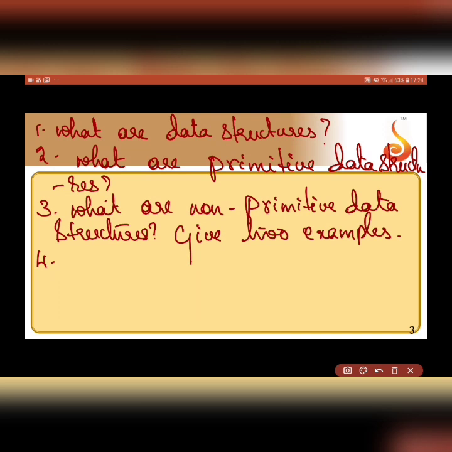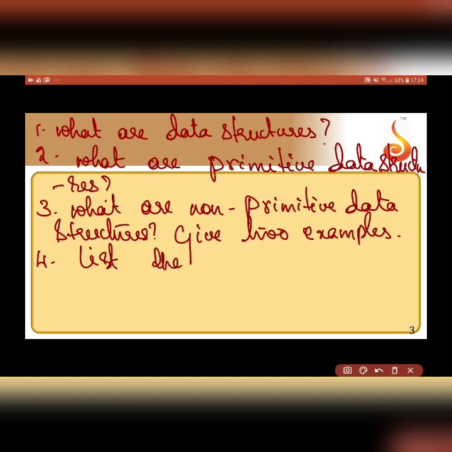Fourth question. What are the different operations performed on primitive data structures? Or I can say non-primitive. Let it be non-primitive.